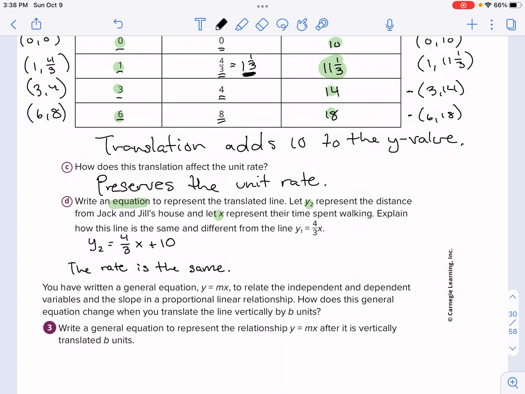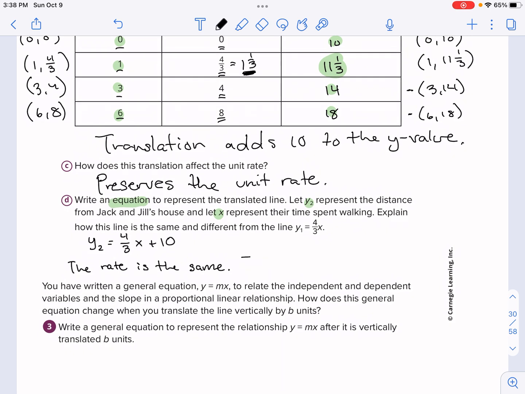But let's go ahead and specify here that instead of starting at the origin, we are starting at the starting point, which is not 0 yards. It's 10 yards instead of 0.